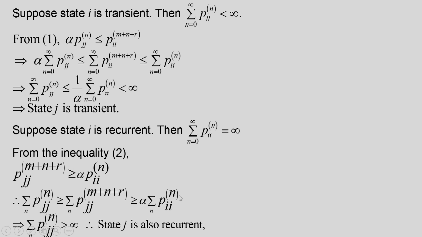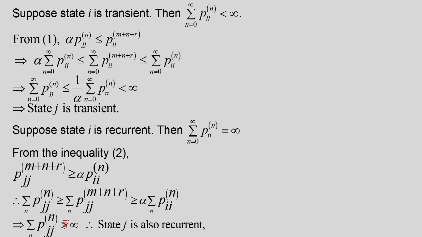So if this quantity is infinity, then this quantity also will be infinity. Therefore what we get is that the summation of P_jj^(n) for n going from 0 to infinity will be equal to infinity, that means that it diverges. Therefore state j is also recurrent. We started with state i is recurrent, because i and j communicate, therefore state j is also recurrent.